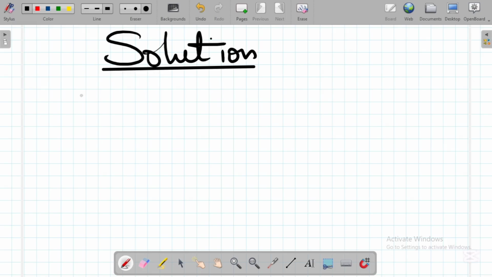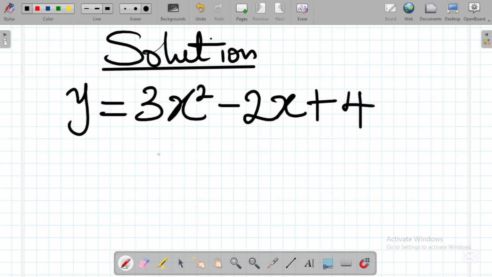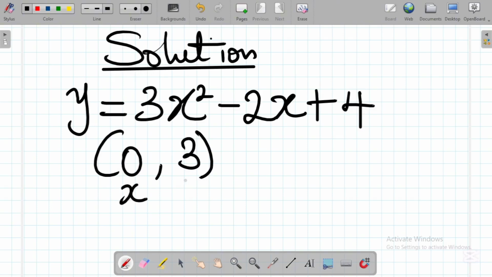Solution. Our first task here is to write down the given parameters in the question. We are given that y is equal to 3x squared minus 2x plus 4, and our coordinate is (0, 3), where 0 stands for x and 3 stands for y.